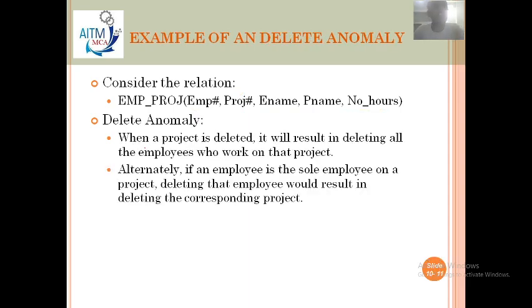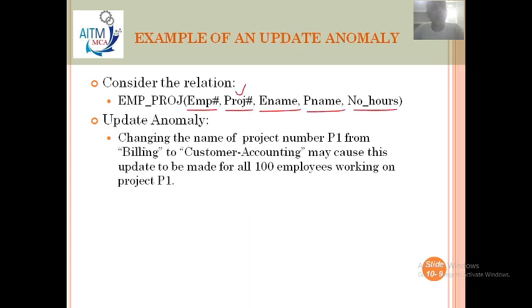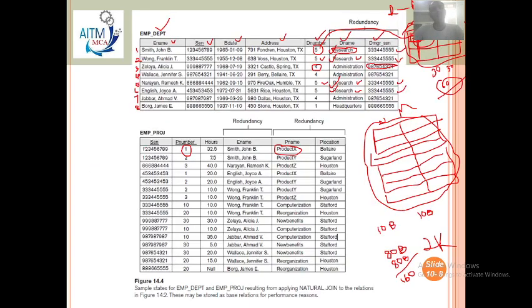Then, examples of deletion anomaly. See here now. I want to delete department number 5, the research department, which no longer exists henceforth.